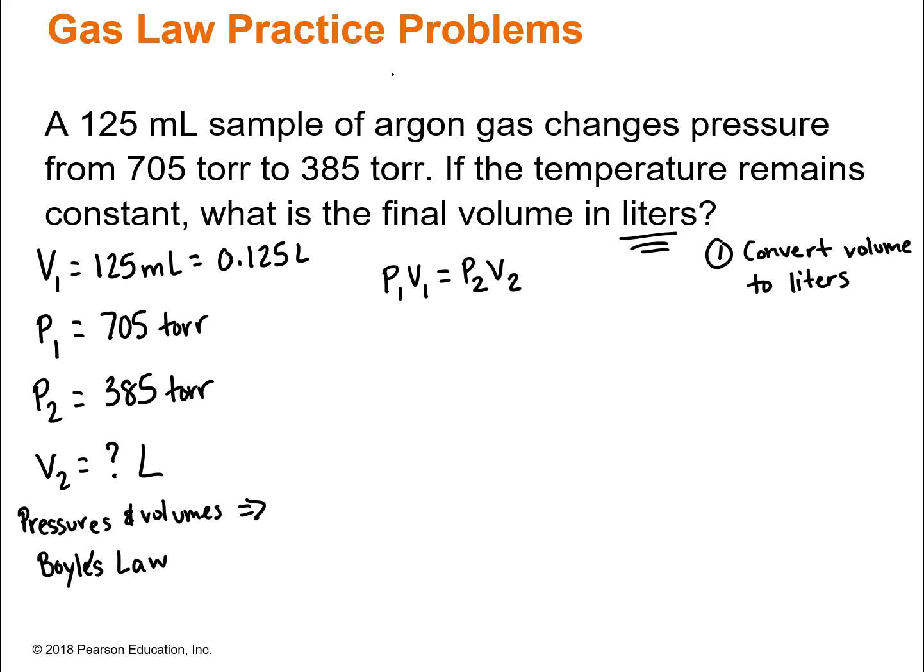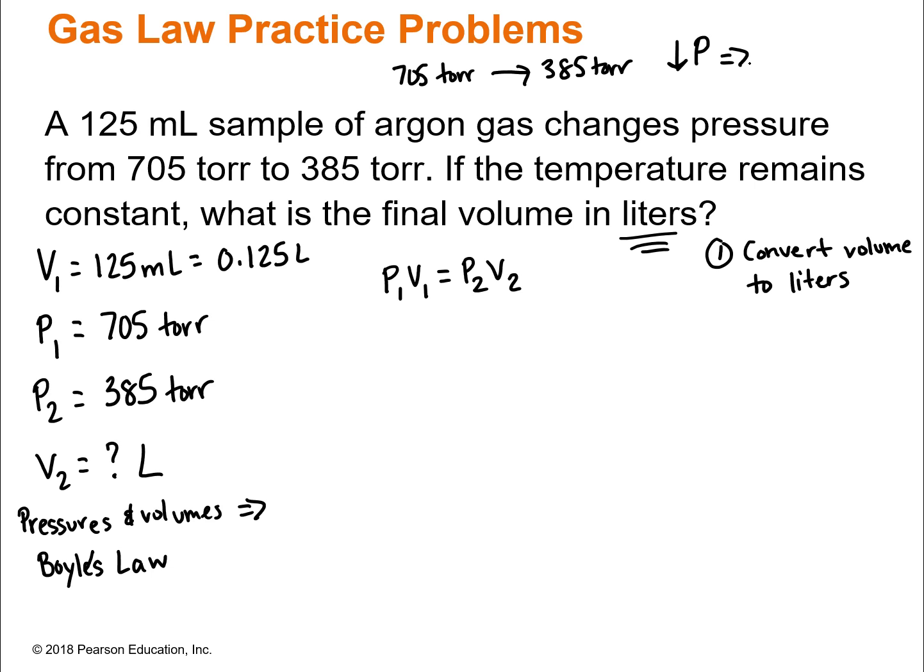Here we've got a pressure starting at 705 torr, and it goes to 385 torr. For our pressure change, did we increase the pressure or decrease the pressure? We decrease the pressure.